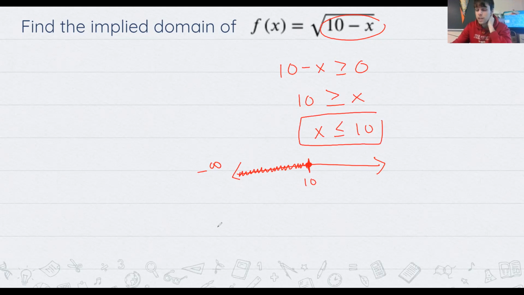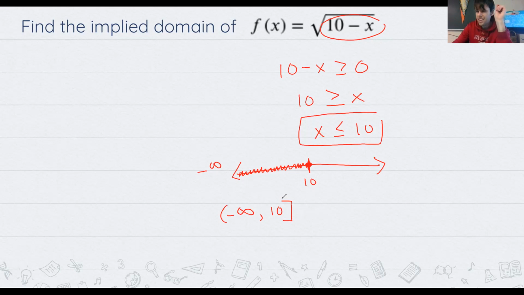So rather than writing it in this way, which is perfectly fine, there's another way of writing it, which we call interval notation. We want to describe this interval here. So we have a minimum value of negative infinity. Technically, that really means there's no minimum value, and it goes all the way up to 10. We do include 10. 10 is an included value in our domain, so I actually have to use this bracket here.